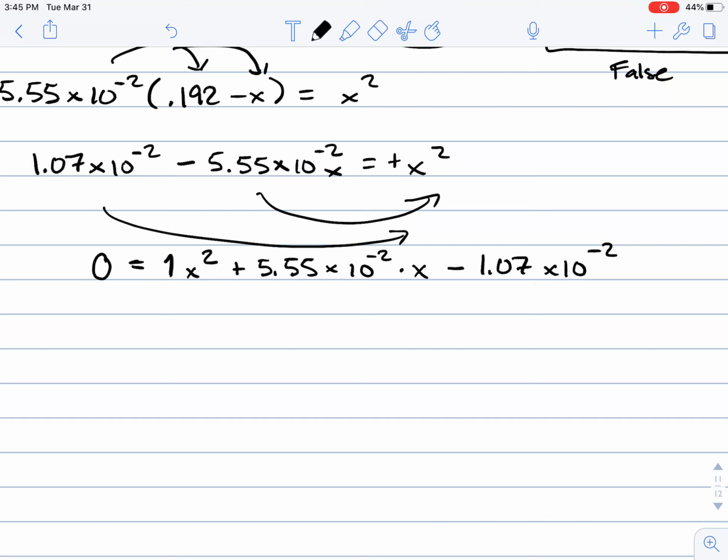Now, if I put in a coefficient in front of that x squared, it's a 1. This lets us know that this is my value a. This whole term in front of x is my value for b. This whole term, including the negative sign, is my value for c. And just to be consistent, I'll include that positive sign for the 5.55.